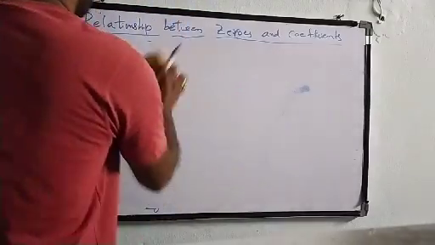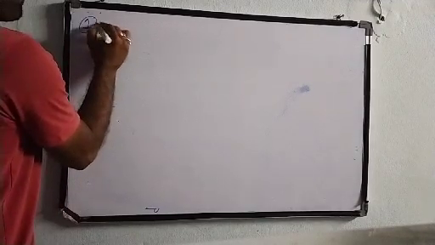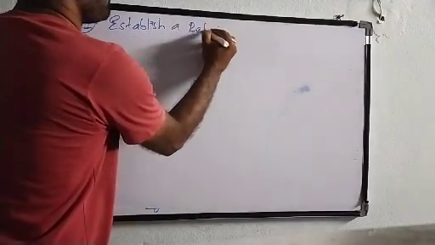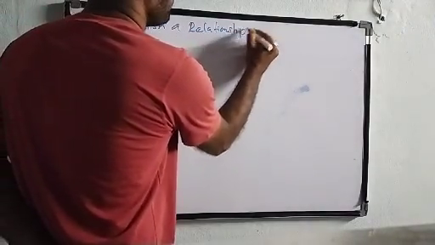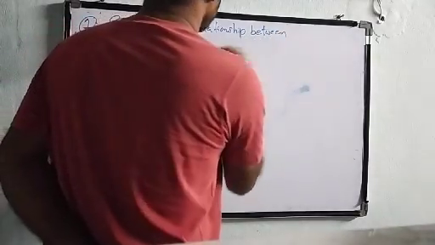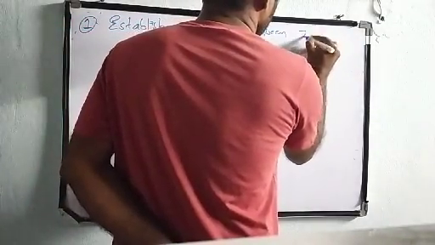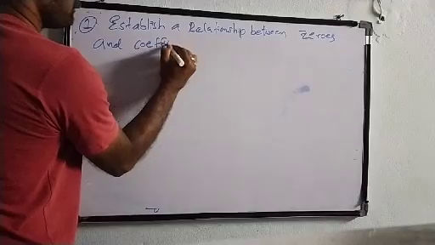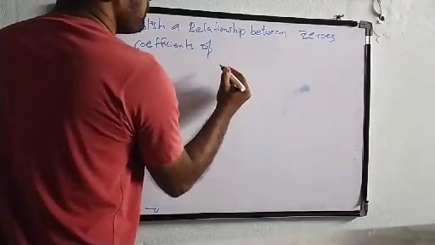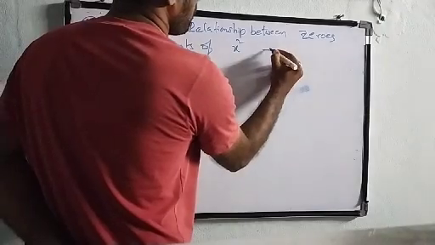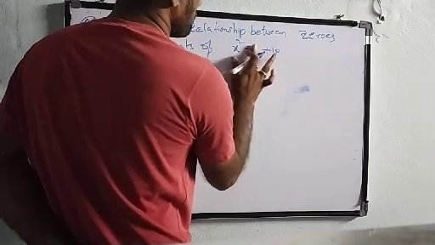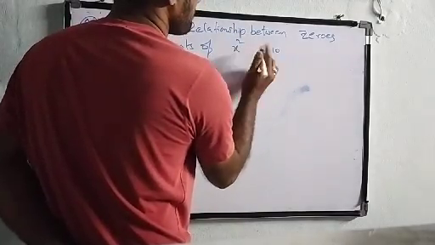Now let us do one question. Establish a relationship between zeros and coefficients of, let us say, the polynomial x square minus 3x minus 10.